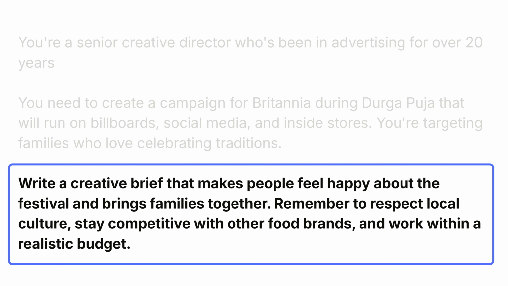Now, let's look at this example over here. Write a creative brief that makes people feel happy about the festival and brings family together. Remember to respect the local culture, stay competitive with other food brands, and work within the realistic budget. Now, let's say, for example, if you have your own budget, then you can add it in this example also. And like this, you can create multiple things in the task.